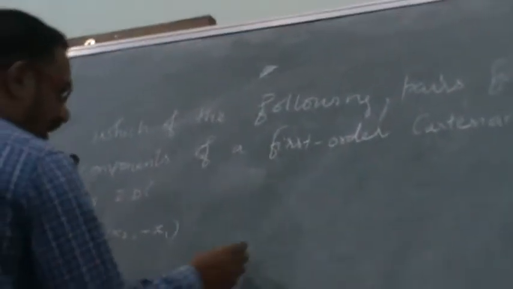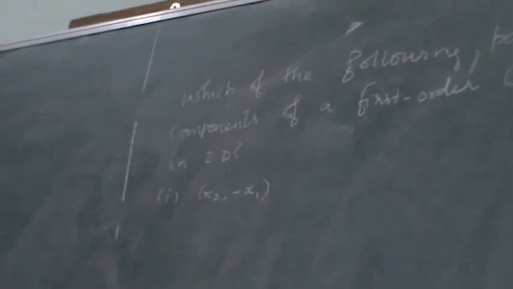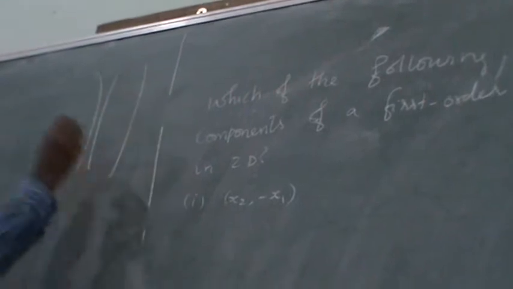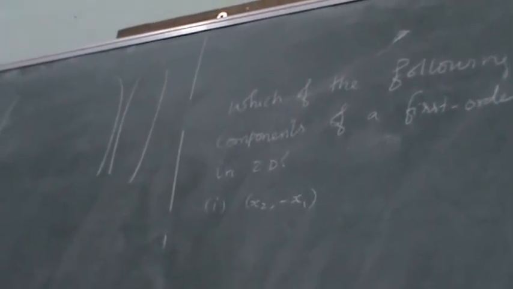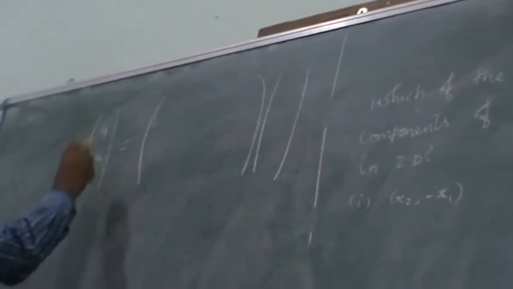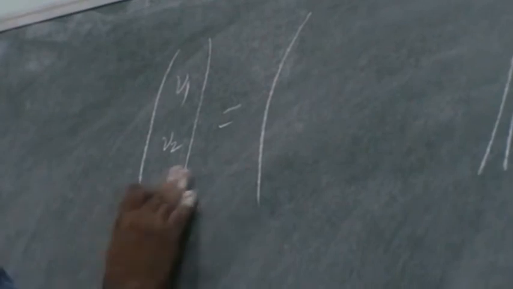Suppose let me write the transformation equation once again in terms of the notation used in Riley-Hobson. This is V1 and this is V2 and this is V3, but it's two-dimensional, therefore only two coordinates are enough.